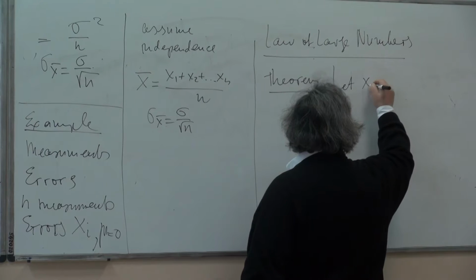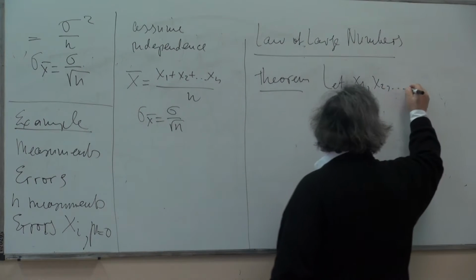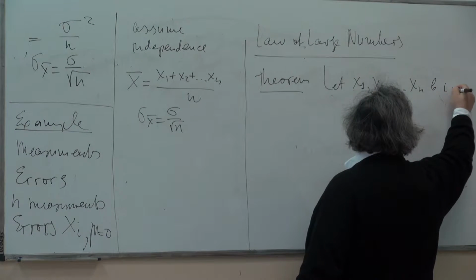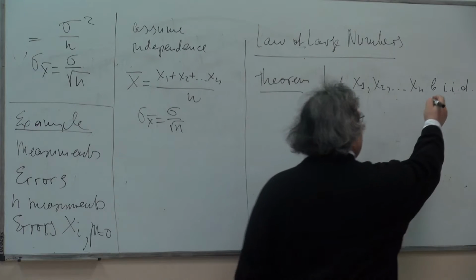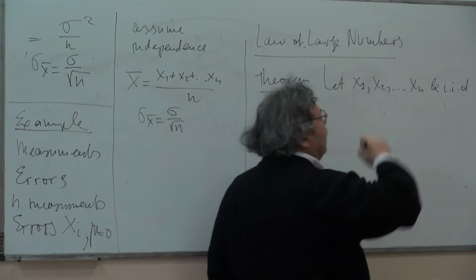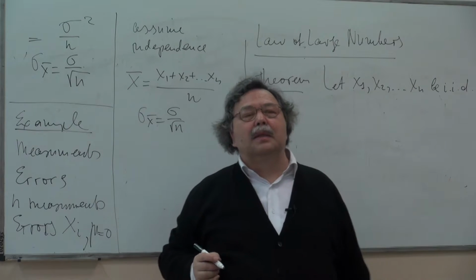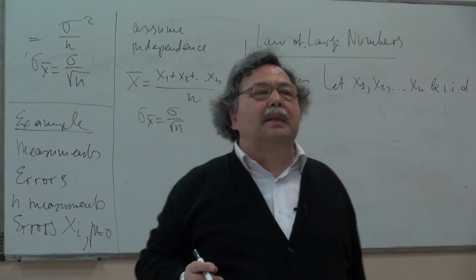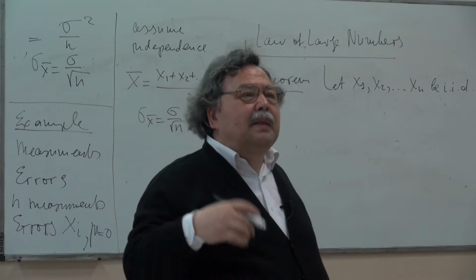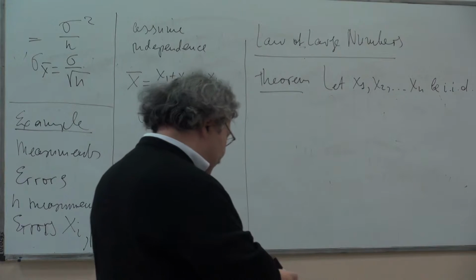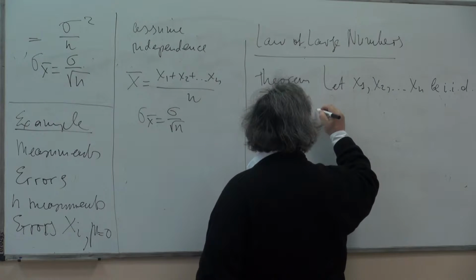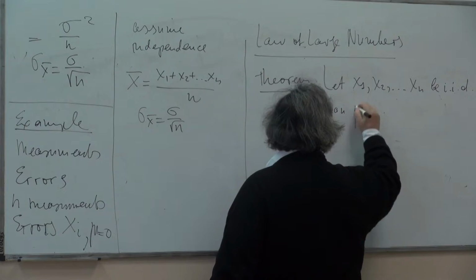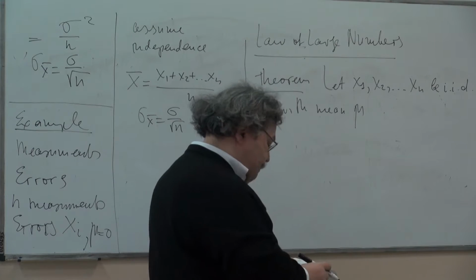Let x1, x2, xn be iid. Let these random variables be independent and identically distributed with mean mu.